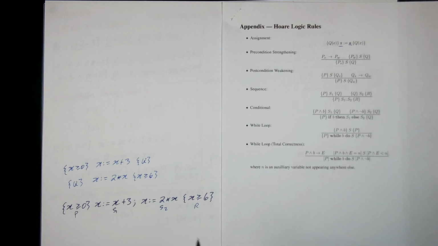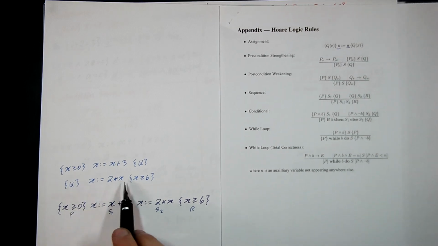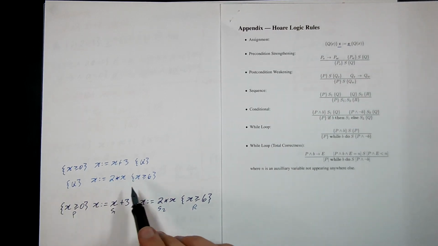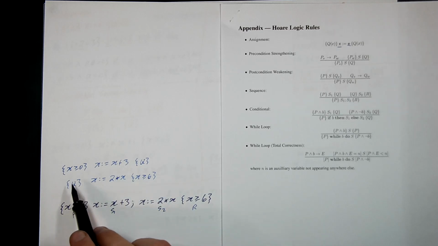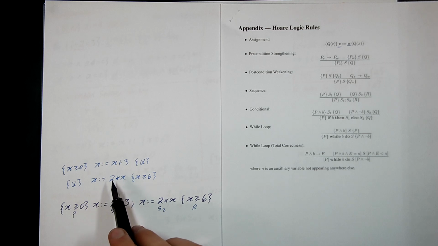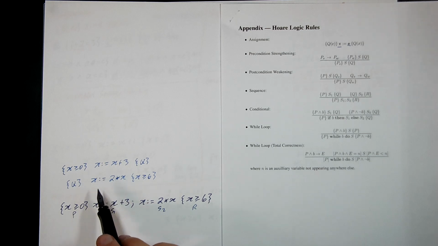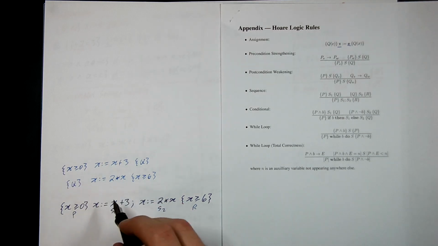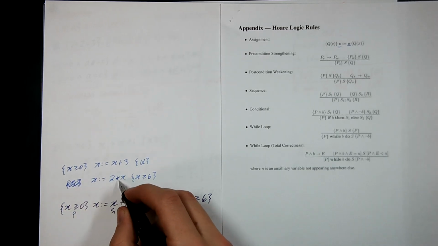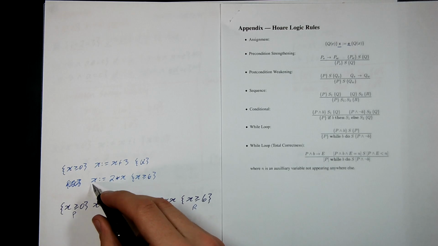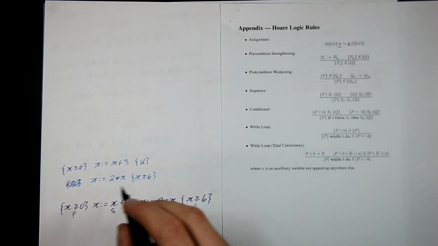One way to do that is to do assignment backwards on the second statement here. So if I had x is greater than or equal to 6, and in the statement Q, all 2 times x's were replaced with x, what would Q have to be to make this a valid assignment? It's going to have 2 times x's in it, and replace the 2 times x's with x to get x is greater than or equal to 6.